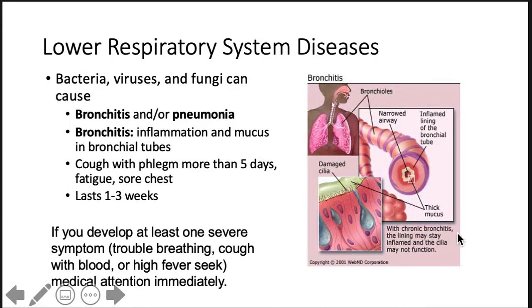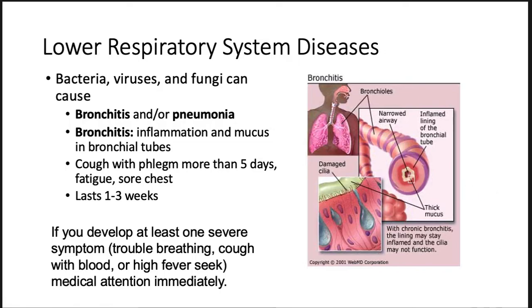So with chronic bronchitis, the lining may stay inflamed and the cilia may not function at all, and then you get an even thicker buildup of mucus, and so it can be quite problematic. And also this is similar, not the same cause, but similar idea to what we're seeing with cystic fibrosis, but there is a difference.